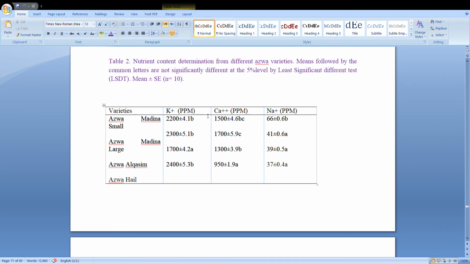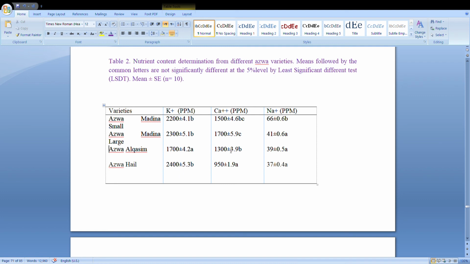For nutritive content, potassium, calcium, we found the calcium in the Madina one is higher than Al Qasim. This is the Madina large, the Madina small, and this is for the Al Qasim one, and Hile.